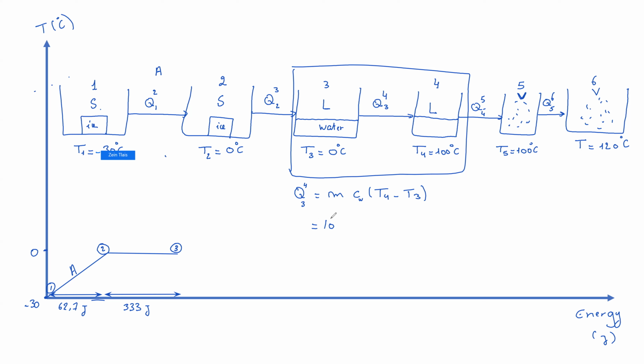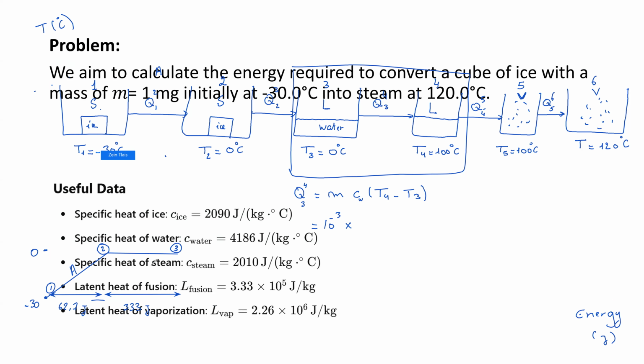M equals to 10 power minus 3, C water equals 4,186 times T4 equals 100 minus T3 equal to 0.